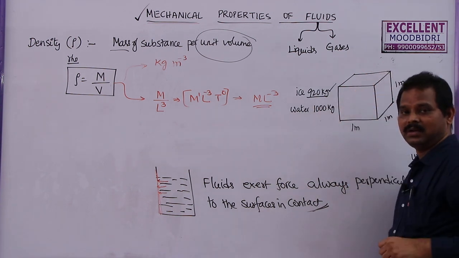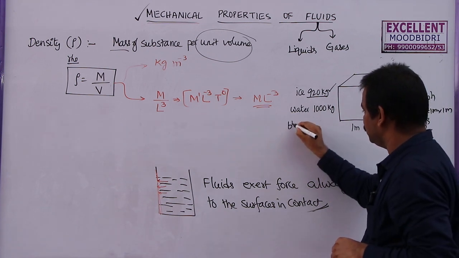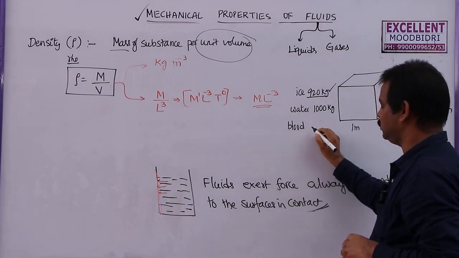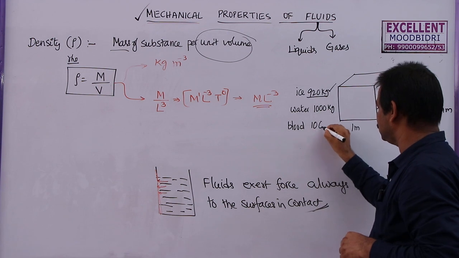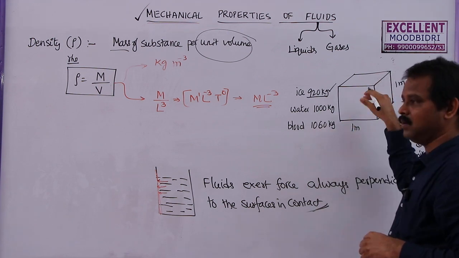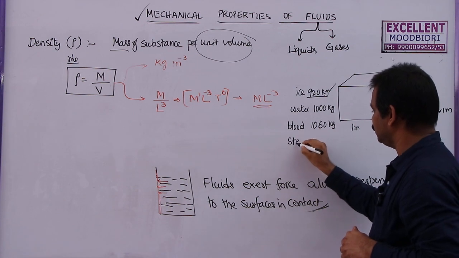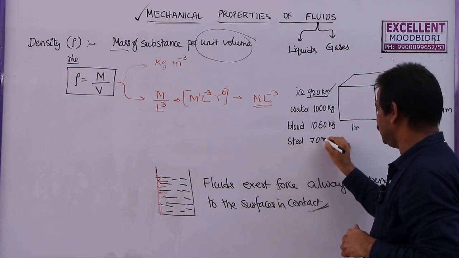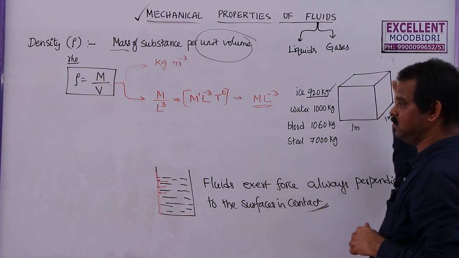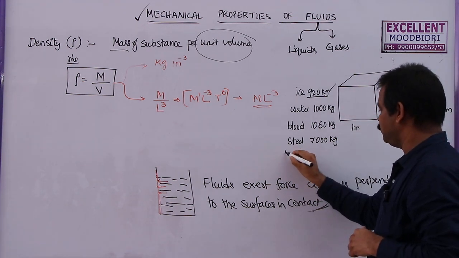Similarly, 1060 kgs of blood can be filled. Similarly, if you take steel, nearly 7000 kgs of steel can be filled.